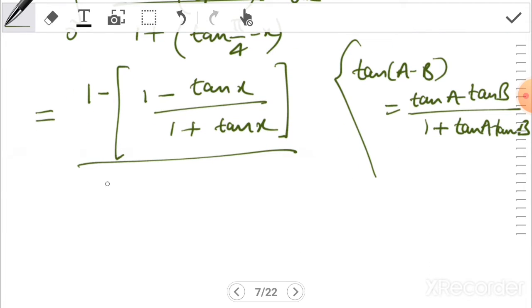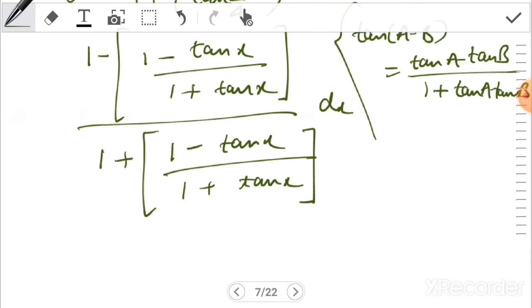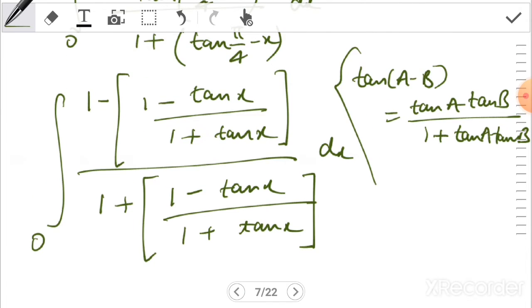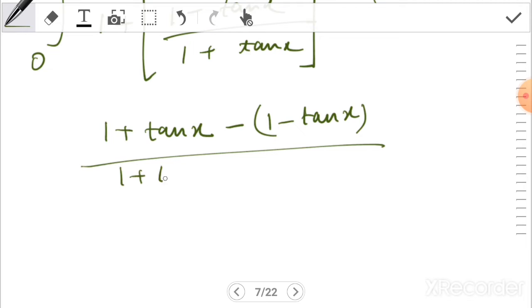Again, in the denominator, 1 plus 1 minus tan x by 1 plus tan x, dx, integral 0 to pi by 4. Right? So now if we evaluate, we will have 1 plus tan x minus 1 minus tan x over 1 plus tan x plus 1 minus tan x.